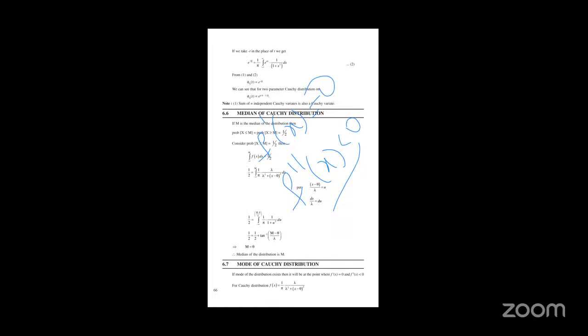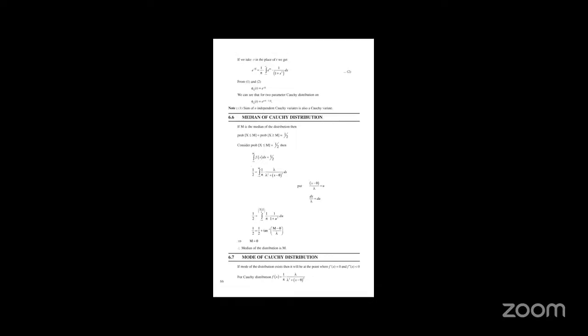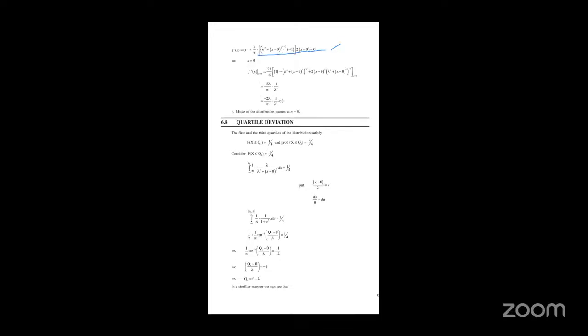So for the Cauchy distribution, we take the PDF first. f dash of x equals 0, we equate this function with 0, and then x equals theta we'll get.